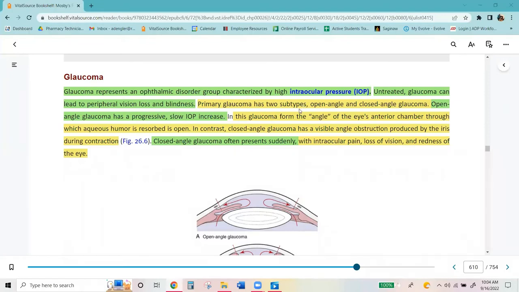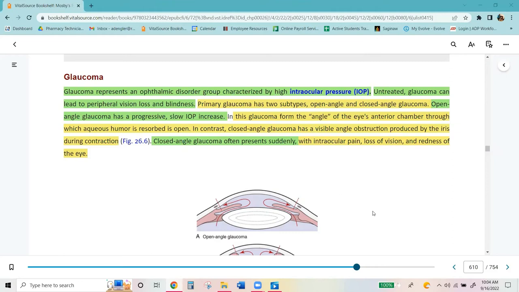Glaucoma represents an ophthalmic disorder group characterized by high intraocular pressure. Untreated glaucoma can lead to peripheral vision loss and blindness. Primary glaucoma has two subtypes, open angle and closed angle glaucoma. Open angle glaucoma has a progressive slow IOP increase.